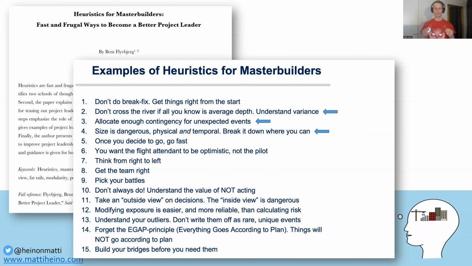Doing something big, so one project for 10,000 instead of 100 projects for 100 euros, is sort of dangerous because doing one big thing can cause the whole big thing to fail.